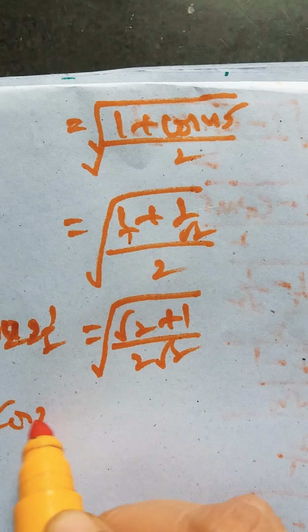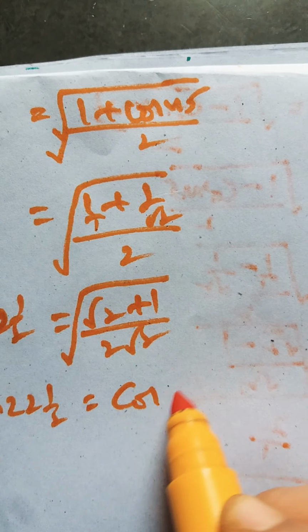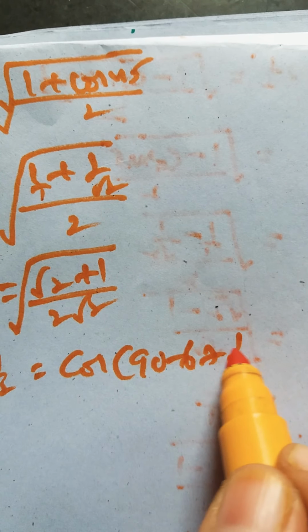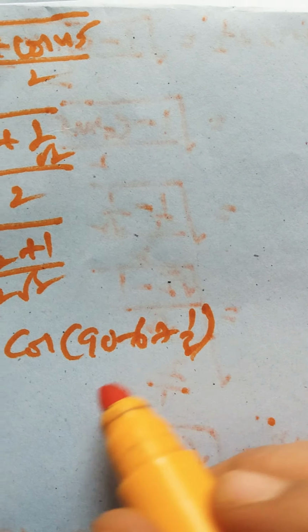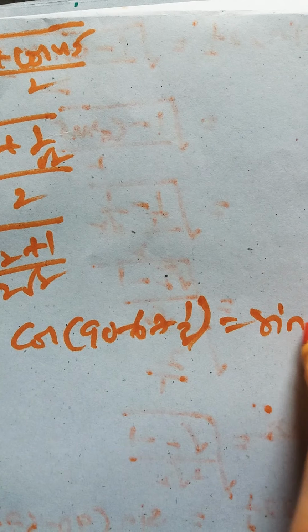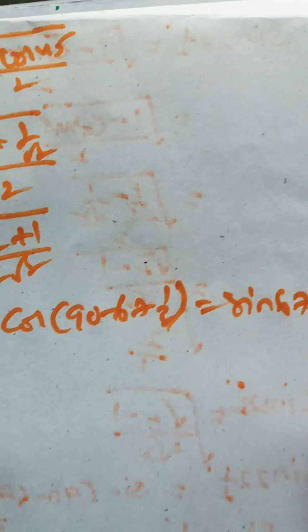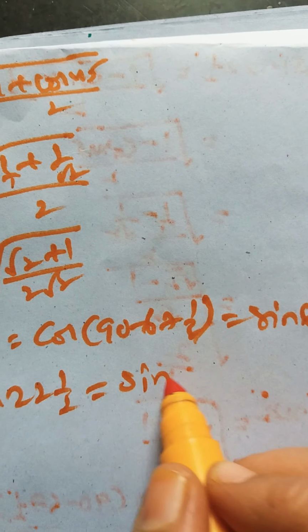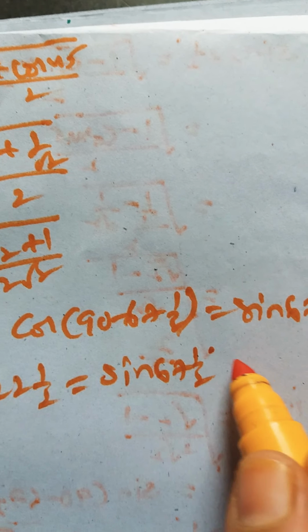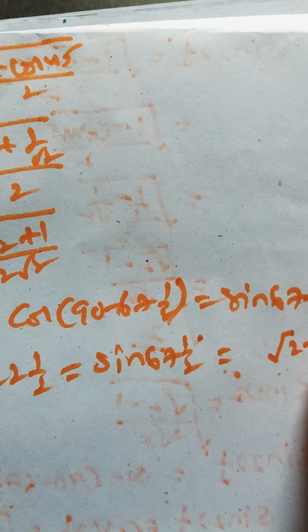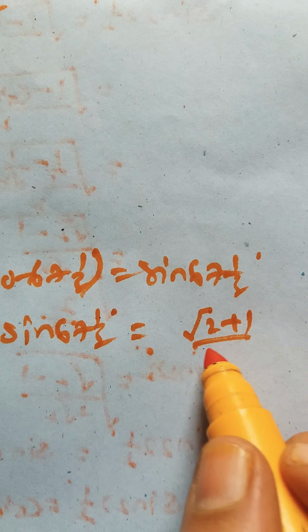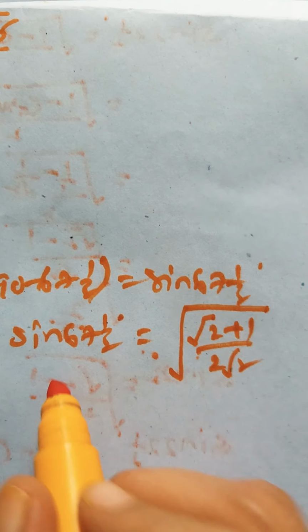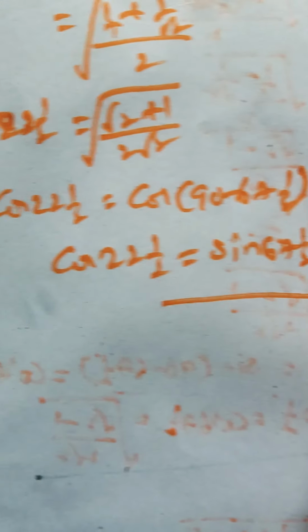So cos 22 and a half degrees can be written as cos of 90 minus 67 and a half degrees. It is nothing but cos 90 minus theta, and we can write this as sin 67.5 degrees. Therefore, cos 22.5 degrees is equal to sin 67.5 degrees, whose value is root 2 plus 1 by 2 root 2, under root. So this is the value of cos 22.5 degrees.